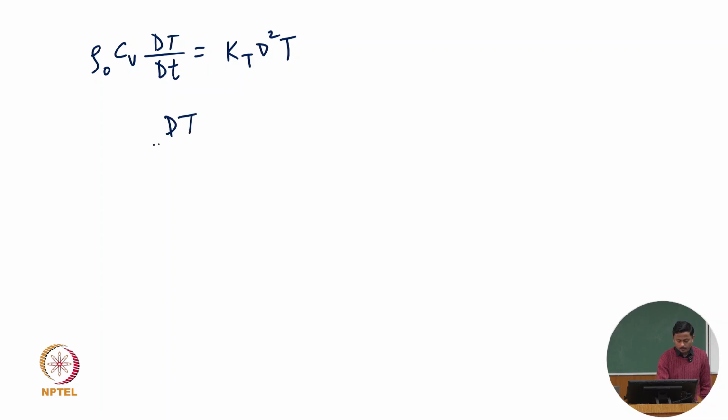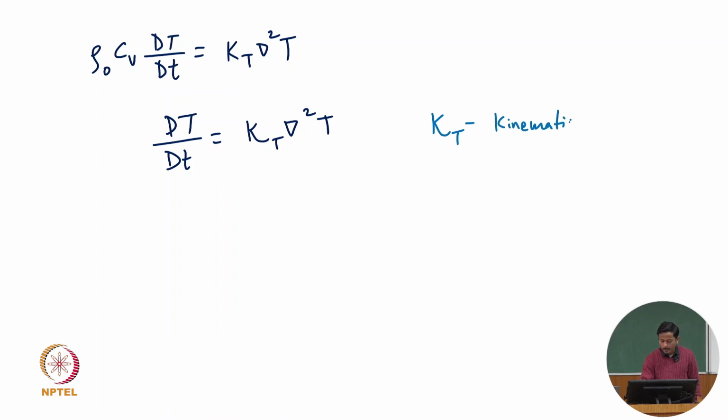This can also be written down as DT/Dt is equal to kappa T del square T. So this is kappa, and the one on top in the first equation is K. So this is the kinematic diffusivity of heat. So kappa T is the kinematic diffusivity of heat, which is the same form as the salinity diffusion equation.